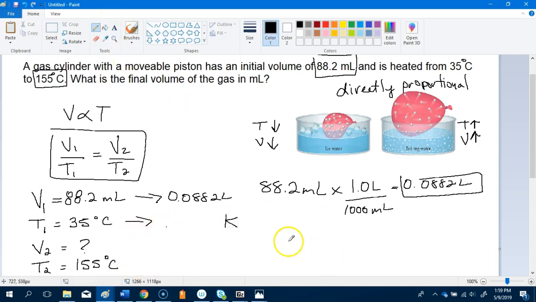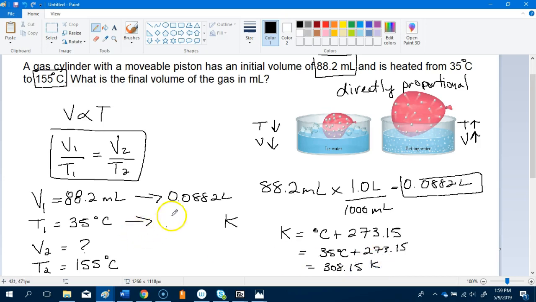For kelvins, I have to use the formula that kelvins is equal to degrees Celsius plus 273.15. So if I start with 35 degrees Celsius, add 273.15, my initial temperature in kelvins is 308.15 kelvins.